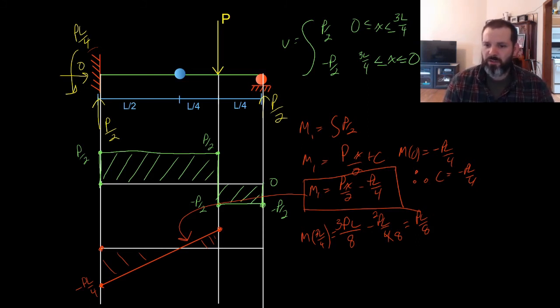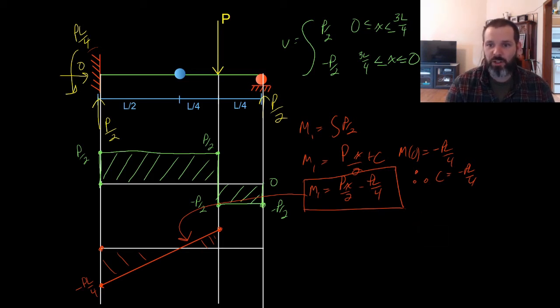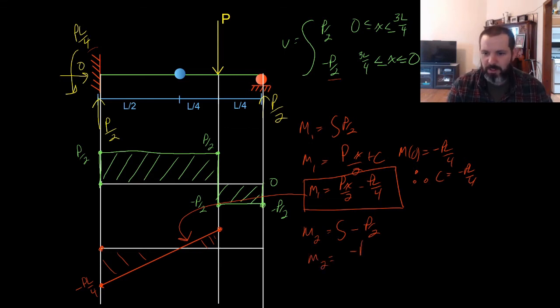The second part of our equation, and I'm going to clear up a little space, is going to be linear, but it's going to have a slope of minus P over 2. So M2 will equal the integral of minus P over 2. If we integrate this, we find that M2 equals minus Px over 2 plus C. Now, we already know the moment at this point here is PL over 8, and we can use that to solve for C, because our moment and shear diagrams need to be continuous.